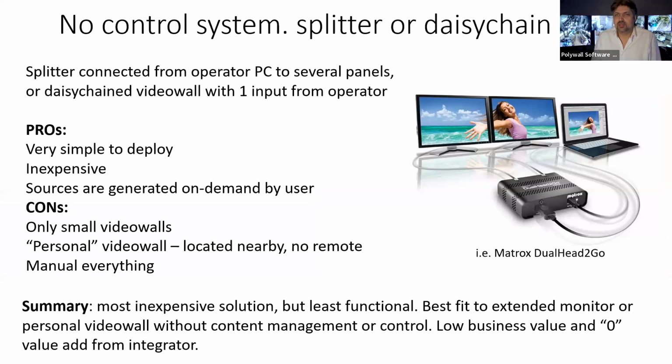The first technology, which is very widespread across different markets, is no control system at all. The user just uses a laptop or workstation, gets a splitter, connects several screens, and pushes sources manually to the screens. It is a very simple story, and very inexpensive for customers.